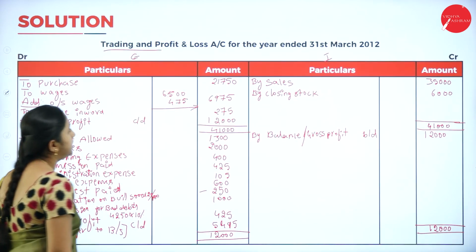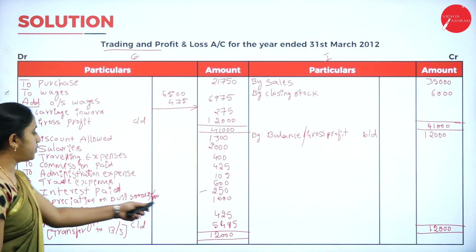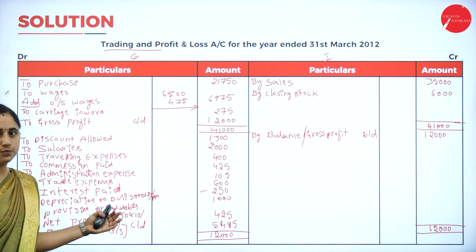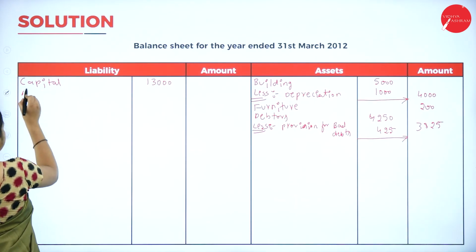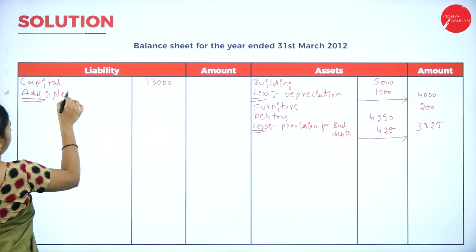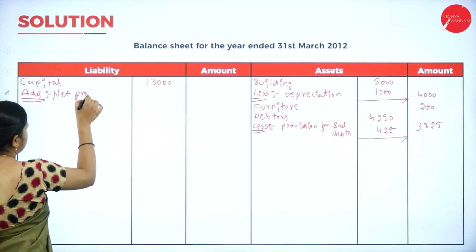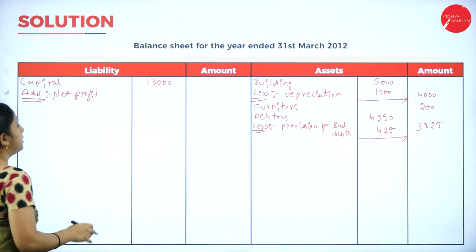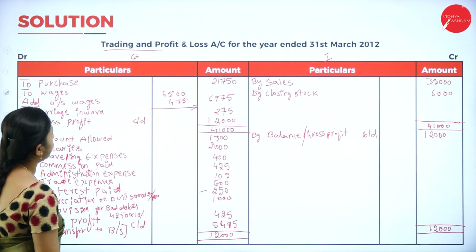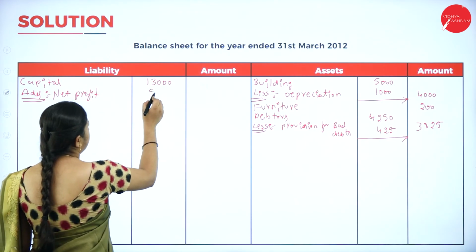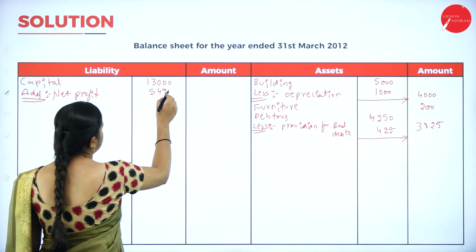Here we have net profit, so it should be transferred to the balance sheet and added to capital. Net profit transferred from the profit and loss account, rupees 5,495.